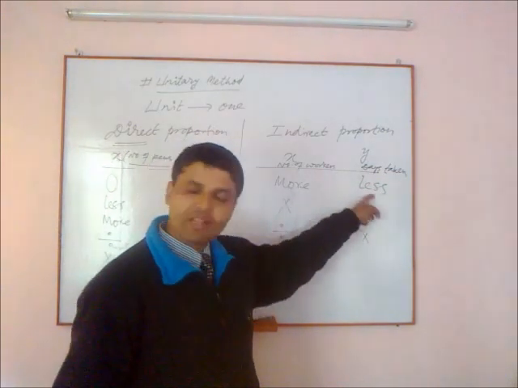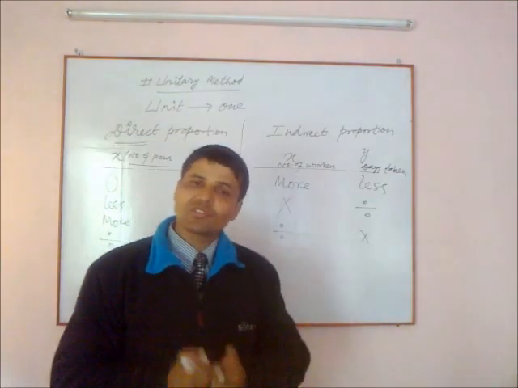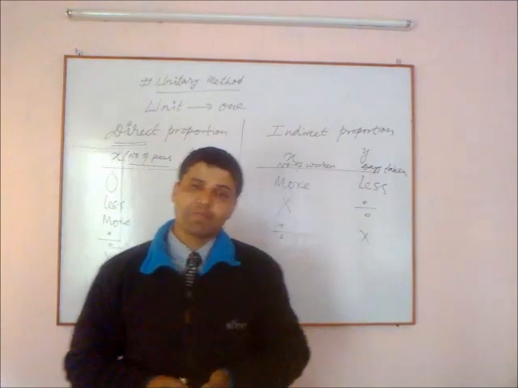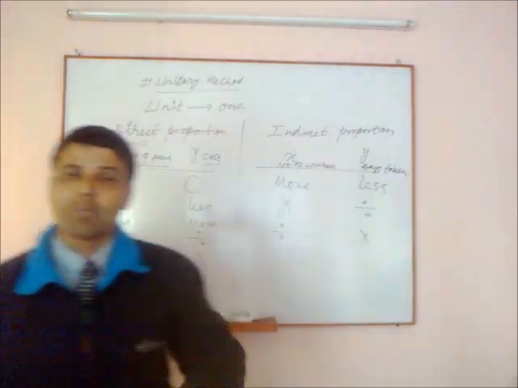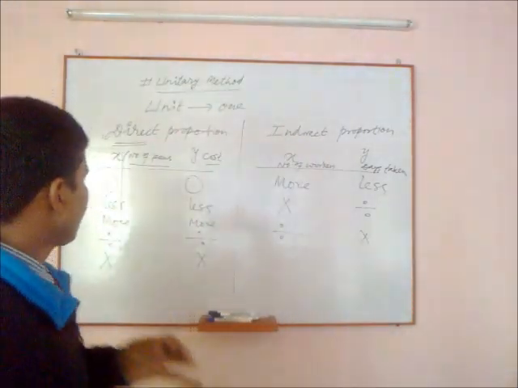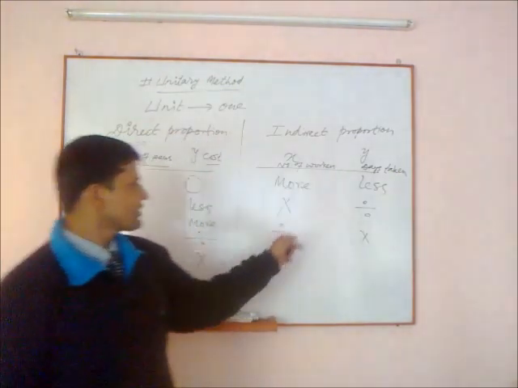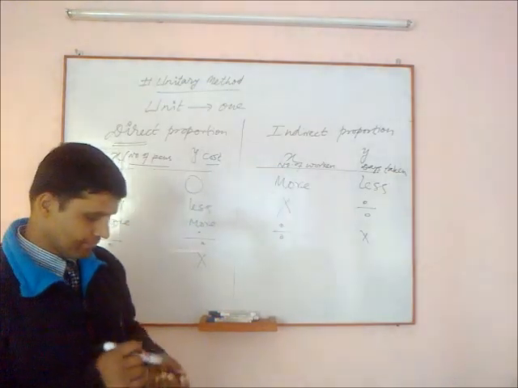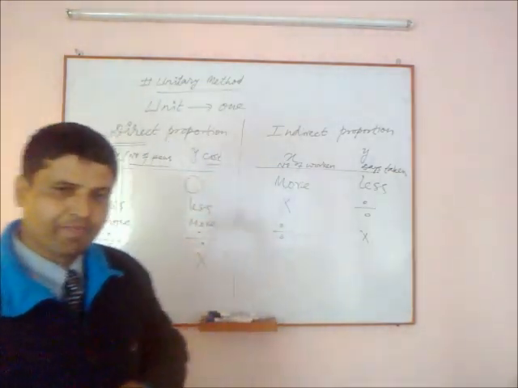More workers, less days. If number of workers is less, then they will take more days to complete the work. It means number of workers and days taken to complete a work are indirectly related, indirectly proportional. In this case, if number of workers is divided, days taken will be multiplied. This is the concept of indirect proportion.